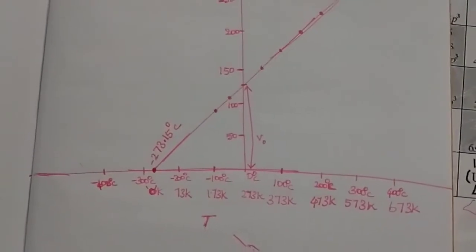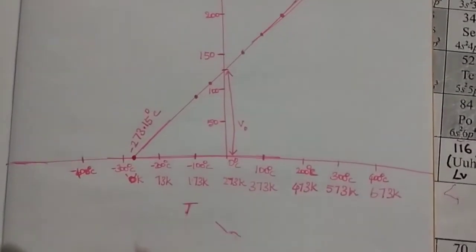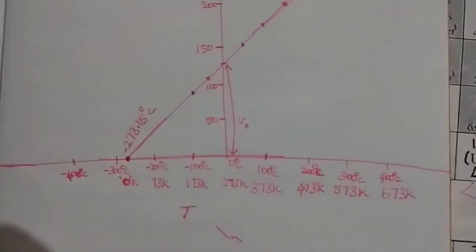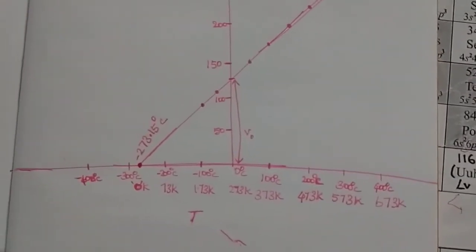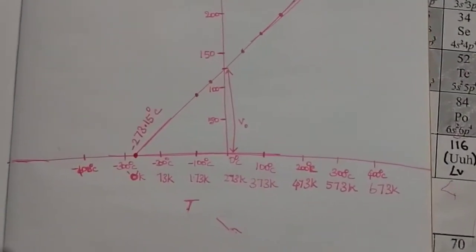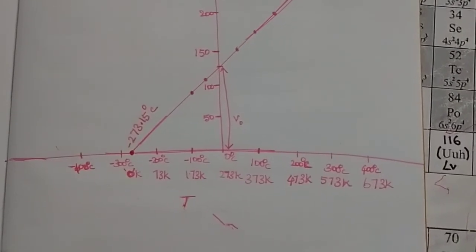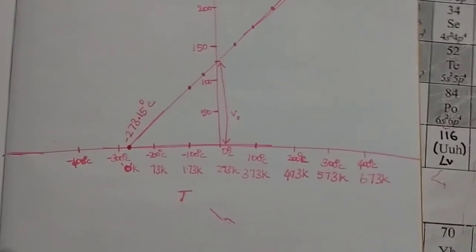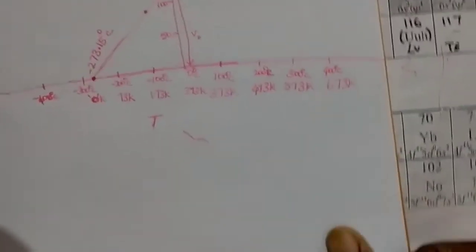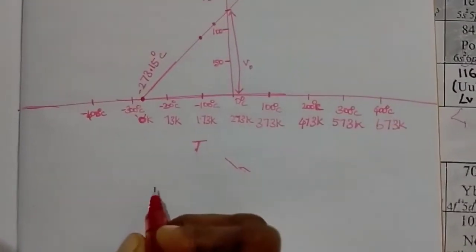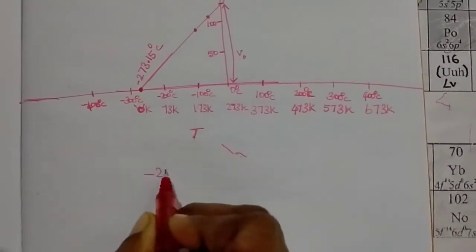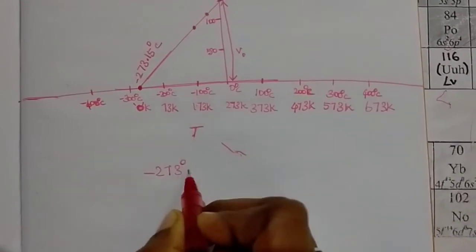So 0 Kelvin means minus 273 degrees Celsius.